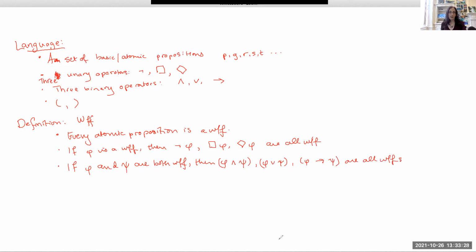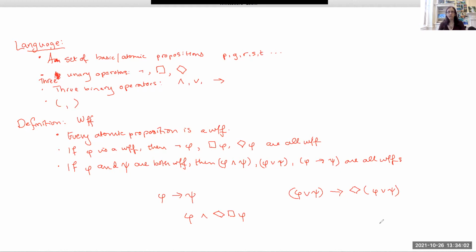We will adopt the same convention that we have in all of our other logical languages, which is that when no ambiguity results, we will drop the outermost set of parentheses. So I might have phi implies psi, or phi and possibly necessary phi, and phi or psi implies possibly phi or psi. So these are all different well-formed formulas using this definition.